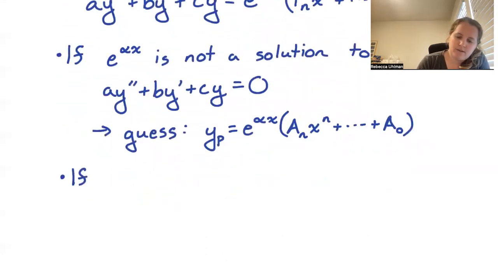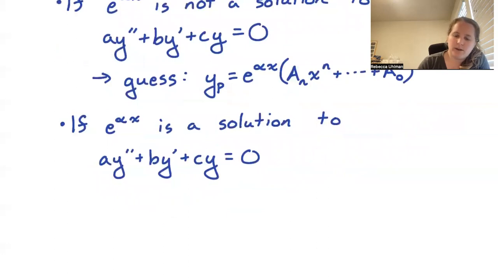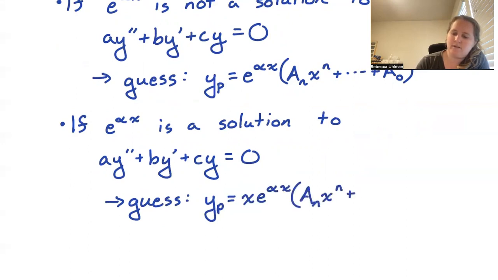If e to the alpha x is a solution to ay double prime plus by prime plus cy equals 0, then we guess that yp is equal to x e to the alpha x times an x to the n plus all the way down to a naught.